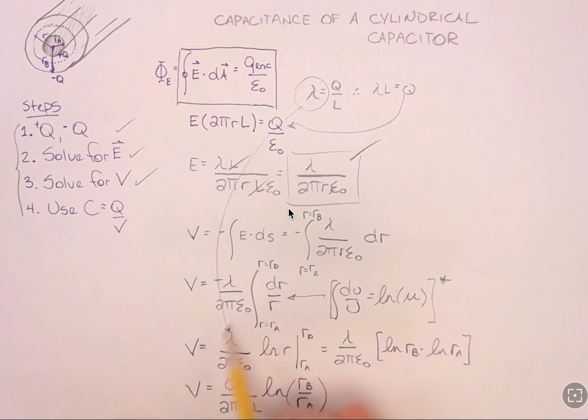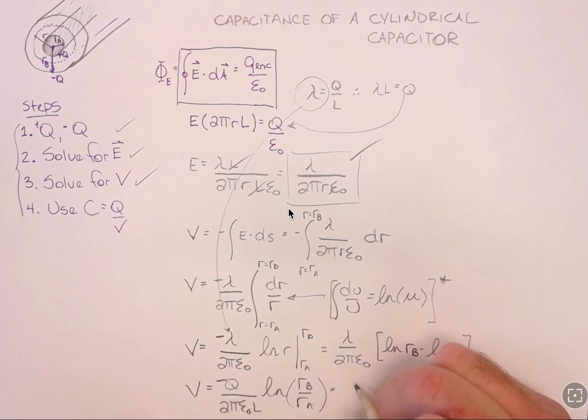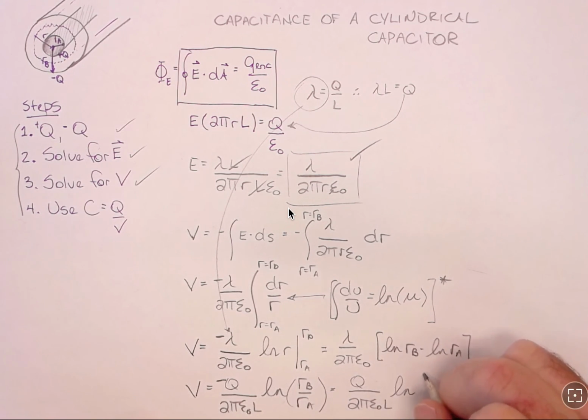I've forgotten to carry it forward, so I'm going to add that into all of my work. And the reason is I now need to get rid of that minus sign, and I can do it by flipping RA and RB. So this becomes Q over 2 pi epsilon naught L times the natural log of RA divided by RB. And this is my expression now for voltage, or electric potential.